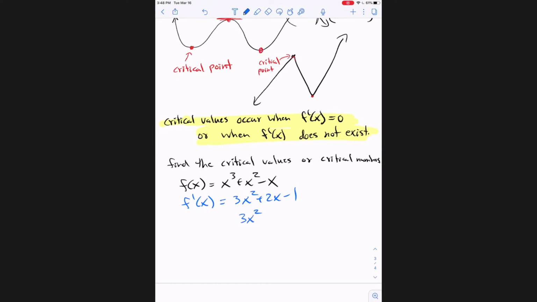So set it equal to 0 and solve for x. Hopefully this factors: 3x minus 1, x plus 1. Set each factor equal to 0.